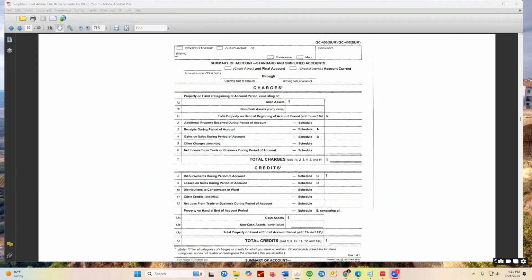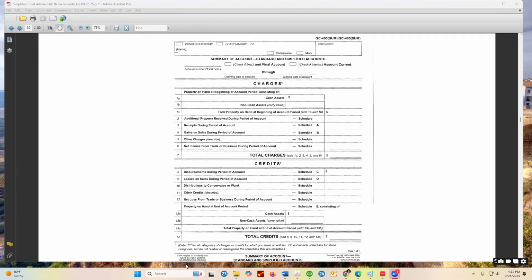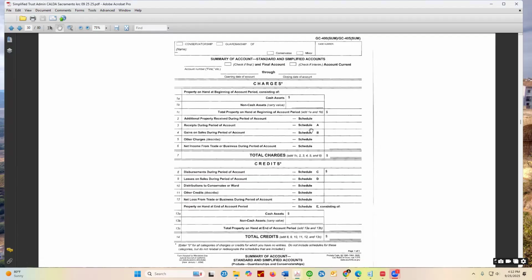We have an example of an accounting in the material here. It's a form called GC 400 from the Judicial Council of the state of California. And this form is required for both probates and for trusts. We list all the assets on the beginning asset list that we had appraised and then the cash.